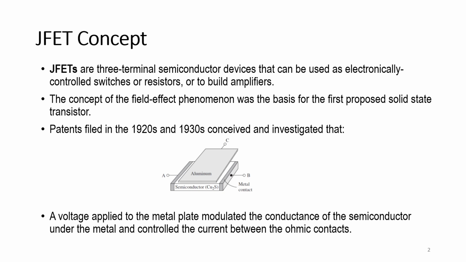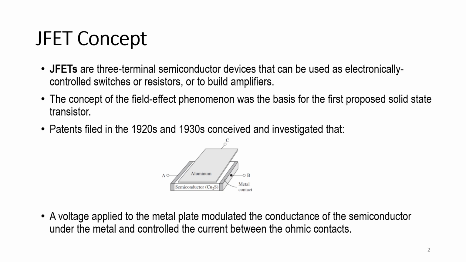The JFET phenomenon was first patented in the 1920s, and the first construction can be explained as in the figure below. Based on this figure, ABC represents the terminals of the semiconductor device. A voltage applied to the metal plate, which is the aluminium, can modulate the conductance of the semiconductor under the metal.